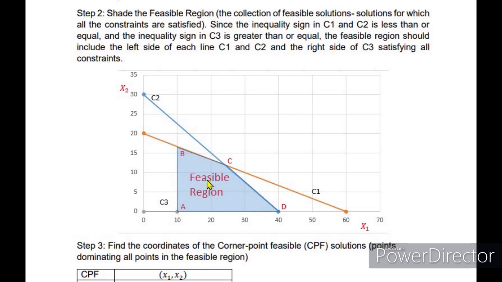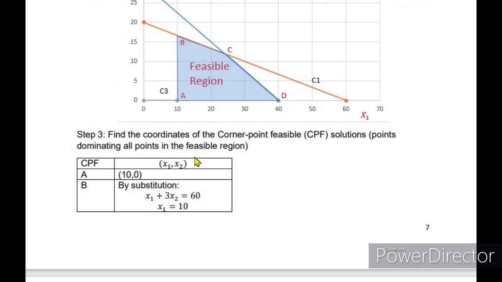satisfying all the constraints. So to find the coordinates of the corner point feasible CPF solutions, because they are the points dominating all points in the feasible region. For point A, we have 10 and 0, so 10 x sub 1 and 0 x sub 2.